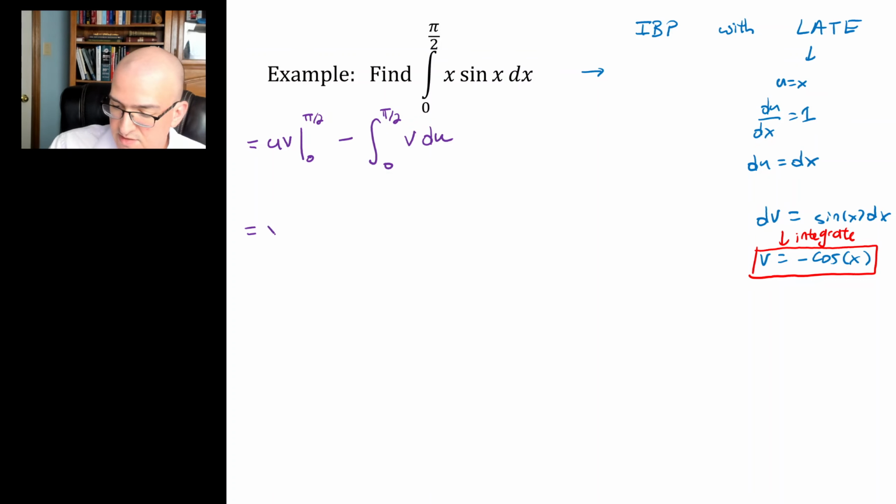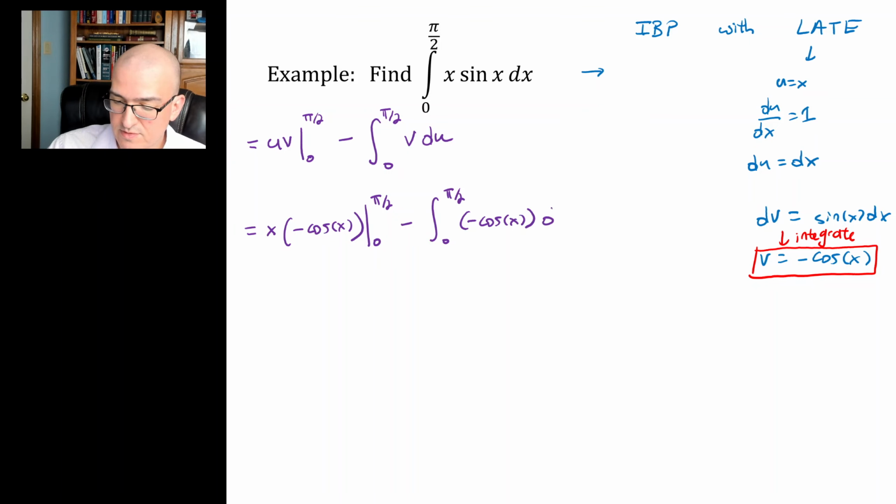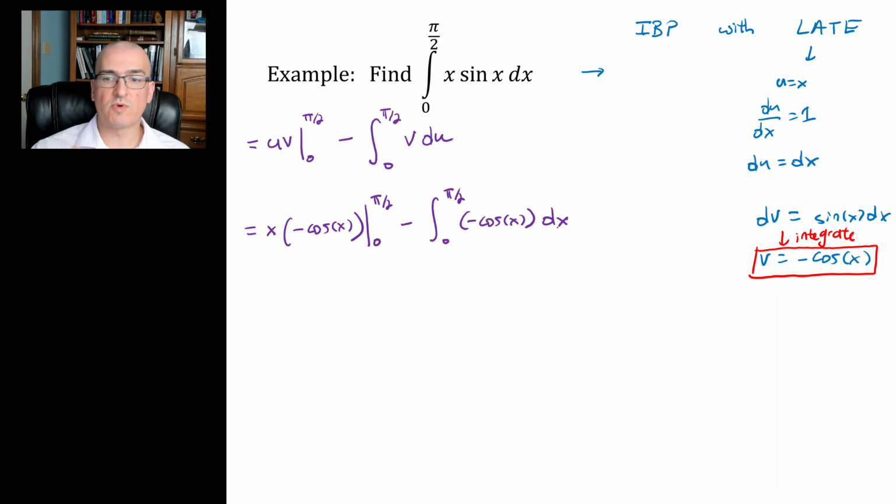So let's plug in those pieces. u is x, v is minus cosine of x, and then that's evaluated from 0 to pi over 2, minus the integral from 0 to pi over 2. v we found was negative cosine of x, and du is just dx. So let's pause for a moment and look at this. What have we done?